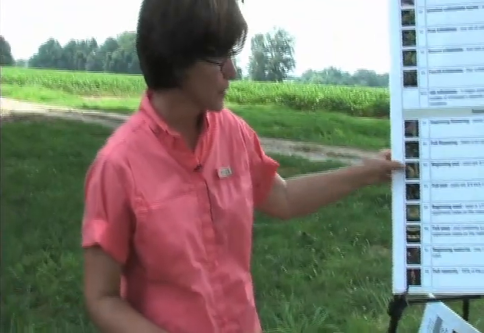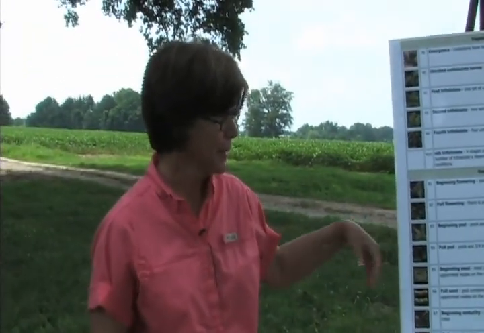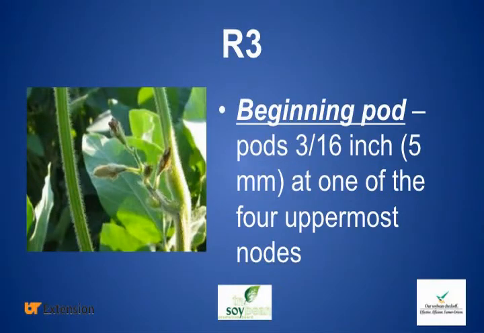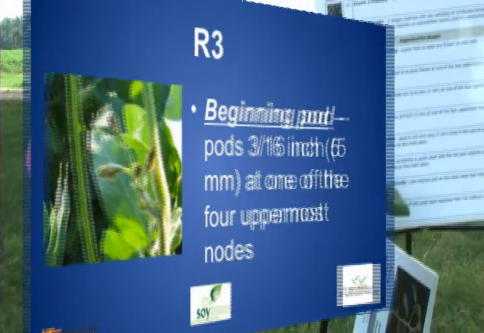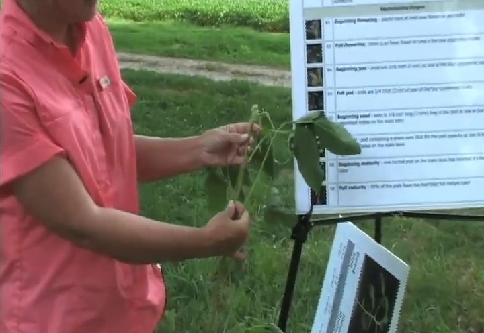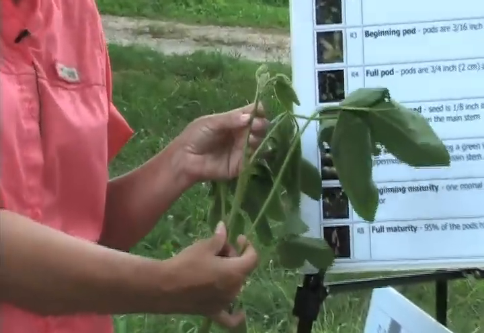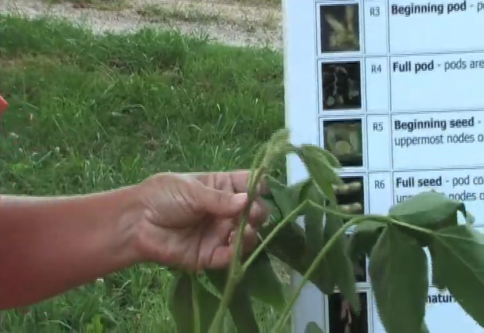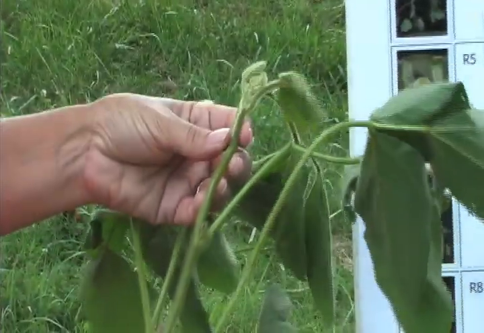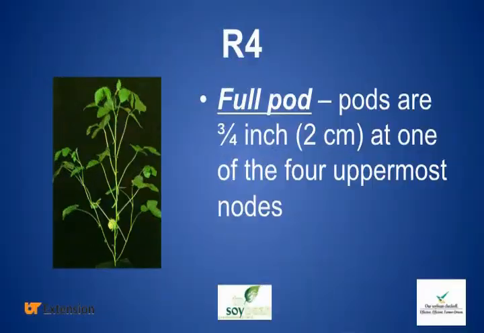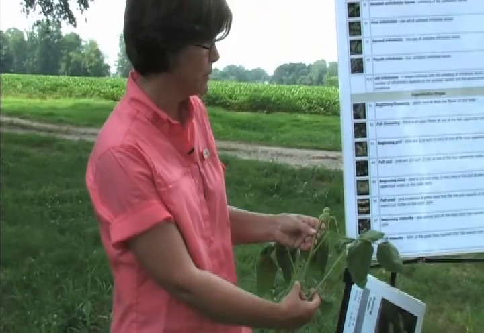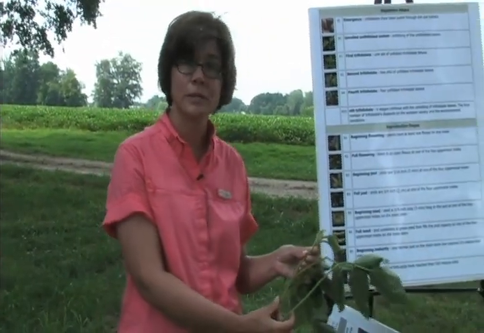So R3, we're able to find very small, about 1/4 inch pods on at least one of the top 4 nodes on that plant. This particular bean has not quite gotten there yet, but we will have pods very soon. R4 is pod elongation or full pod, and we're again looking at those top 4 nodes, and we're able to find a pod that's about 3/4 inch long or longer.